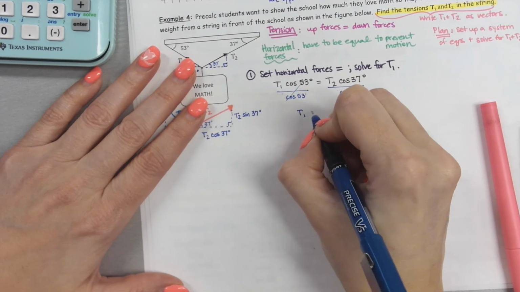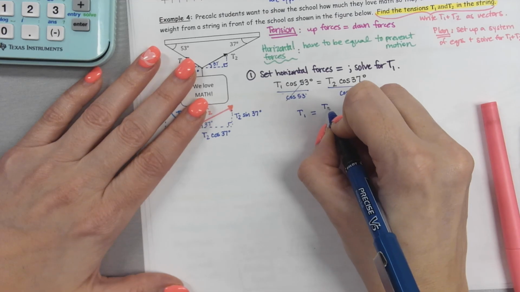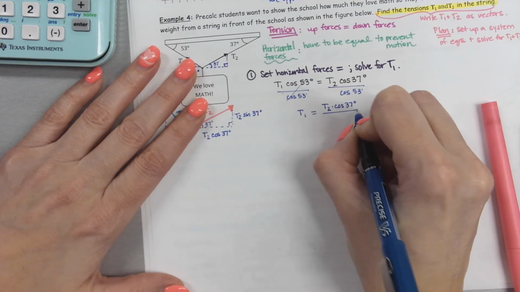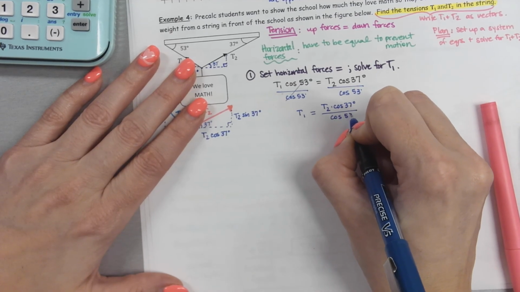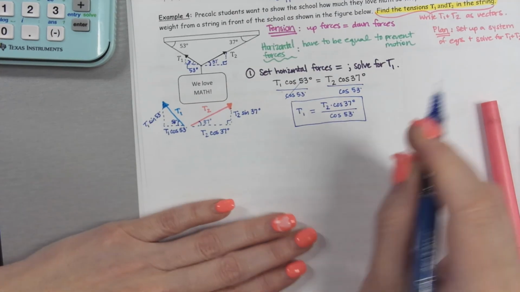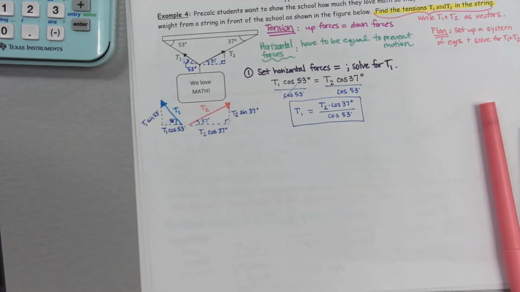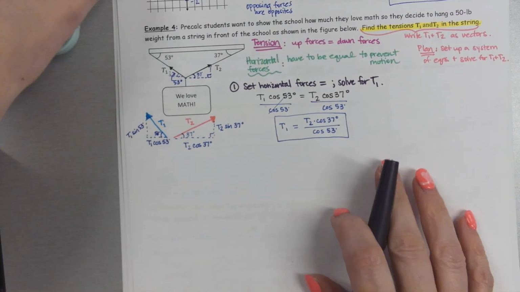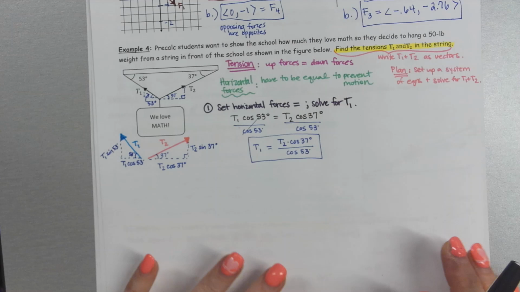Okay, which leaves me with T sub 1 equals T sub 2 times the cosine of 37 divided by the cosine of 53. Okay, so we set the horizontal forces equal. We solved for T sub 1.